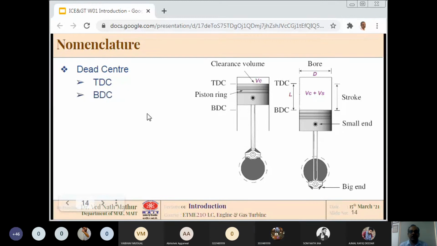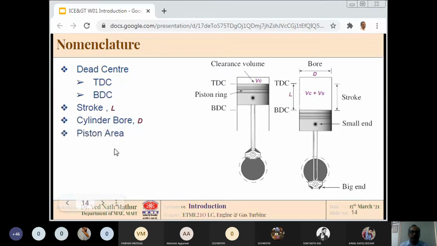I'll just repeat. I said there are two dead centers, top dead center and bottom dead center. The distance between these two dead centers is the stroke length. Then the inner diameter of the cylinder is called the cylinder bore, represented by capital D in this figure.